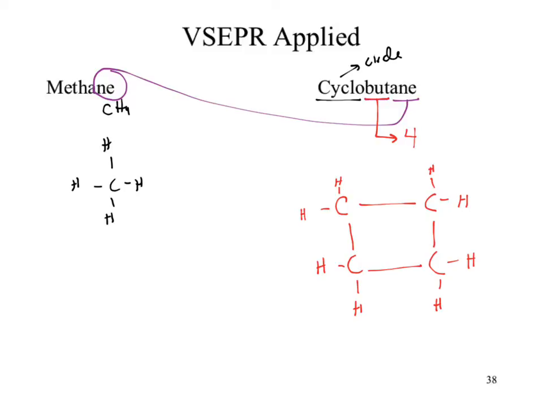In cyclobutane, each of our carbons should have what shape? Tetrahedral. One of the things I didn't mention, which I'm kind of relying on you to have remembered, tetrahedral has what bond angle? 109.5. What was the shape I just drew for the cyclobutane? A square. What is the bond angle in a square? 90.